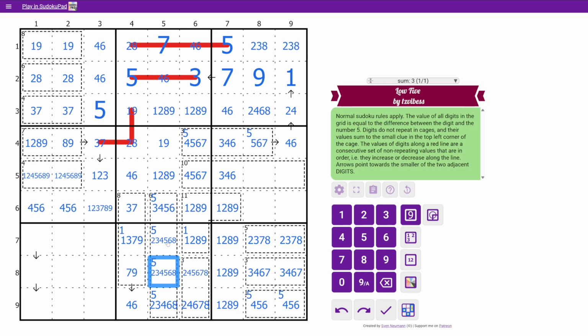But the 5, I've got... Oh, I see. If this is a 5, I don't think this can be a 5. Oh yeah, because the 5 could go here, and it would be with a 3 value. That would be fine. Oh, would it? If this was a 5 with a 3 value... Oh, there could be a 3 value here.